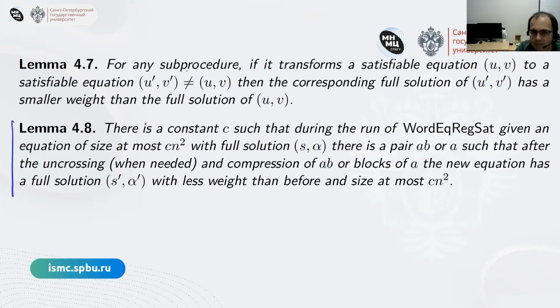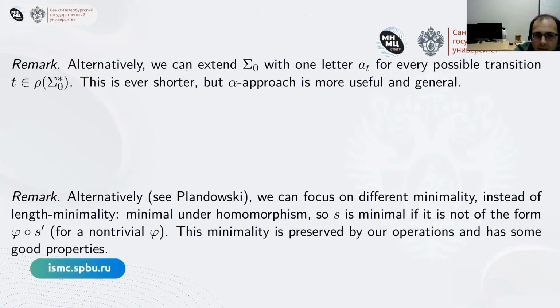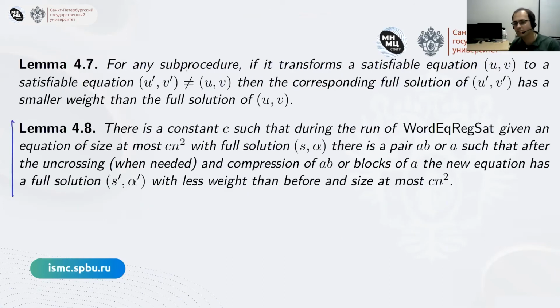Okay, the proof is more or less the same as previously, which shows that this generalization of the algorithm also works in quadratic space for the variant with regular constraints.